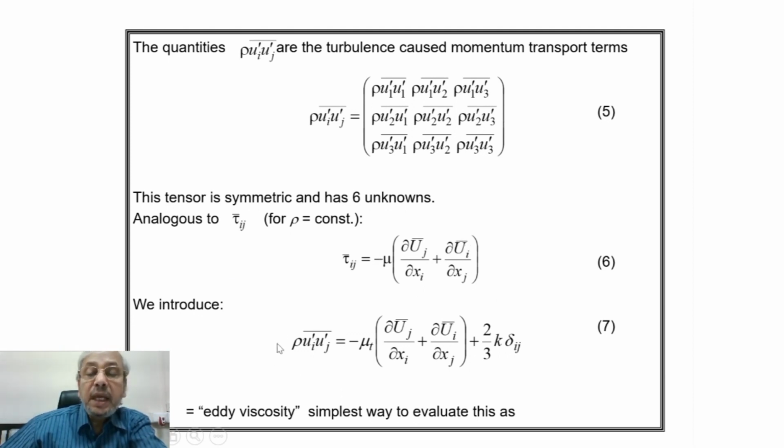So we can say that this additional stress, which comes out of the fluctuating components, just following the usual stress components, we can model as mu t, the turbulent viscosity instead of the molecular viscosity, into again these average quantities: del xi of uj bar plus del xj of ui bar plus 2/3 k delta ij. This is the Kronecker delta.